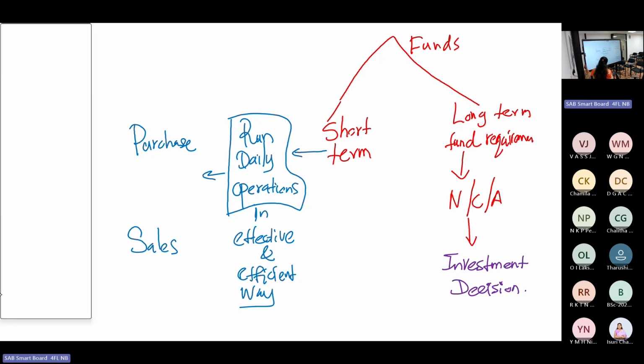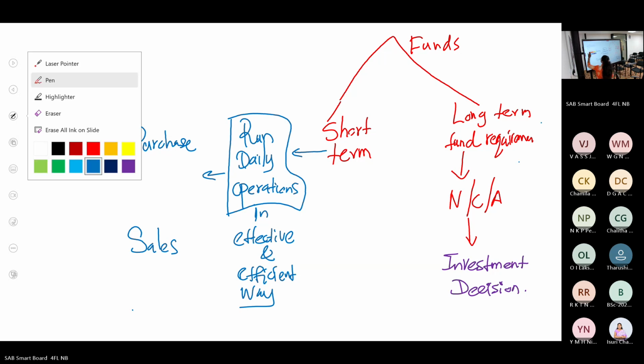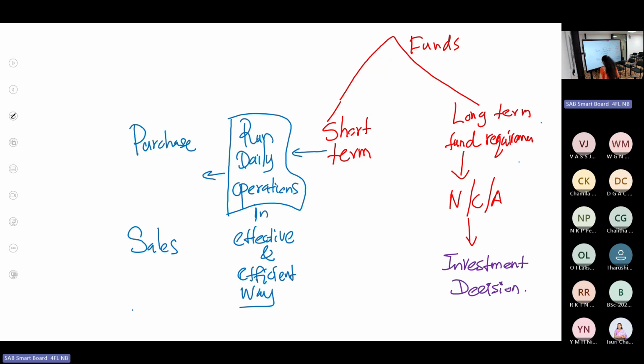Main operations, right? So if it is purchase, you are directly linked with the creditors. This is a P&L item. This is a balance sheet item, an SOFP item.